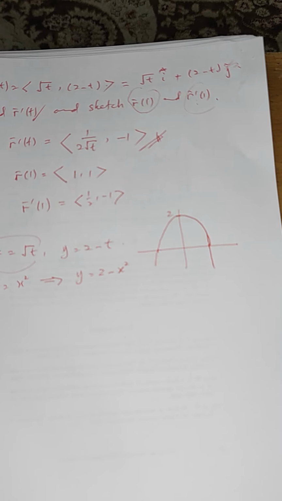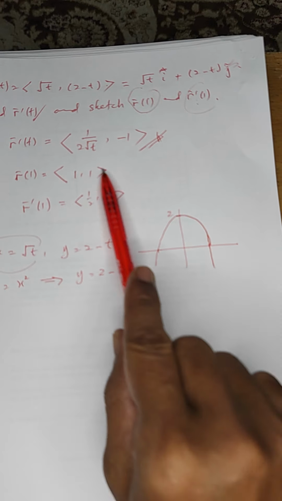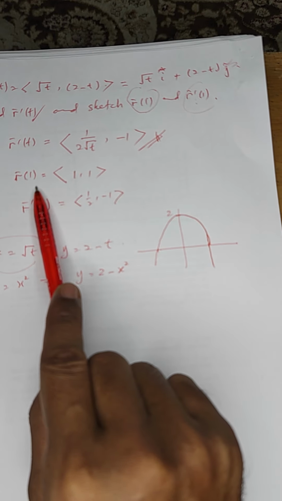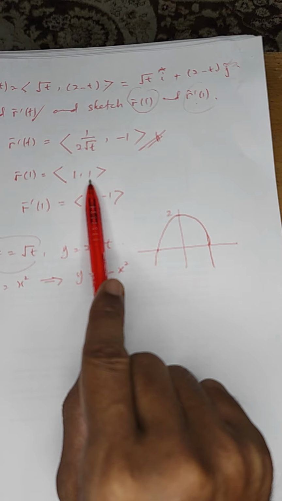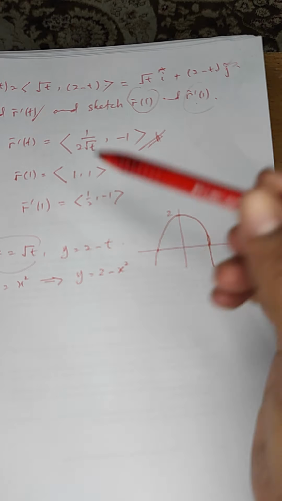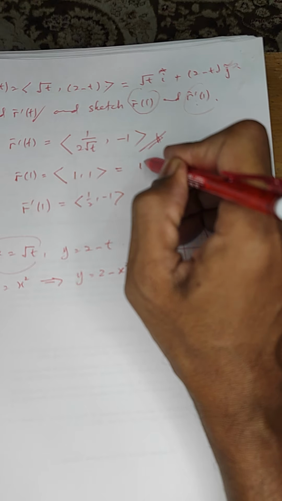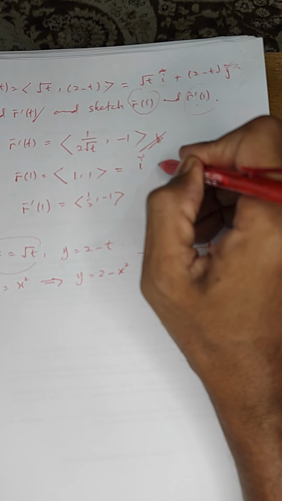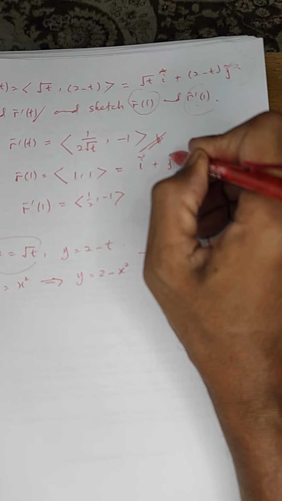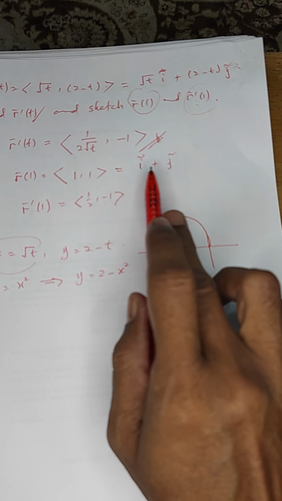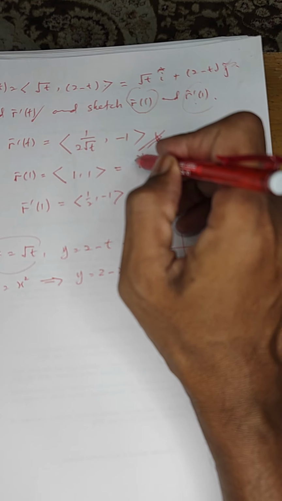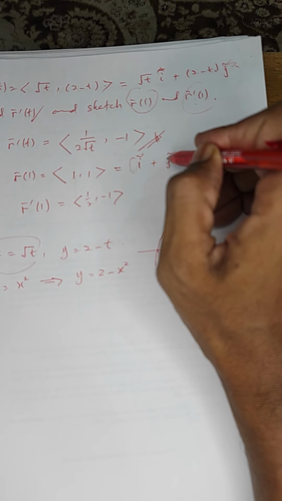Now to sketch the vector r(1), given as (1, 1): in terms of i, j, k, that is 1 i plus j. The coefficient in front is just 1.